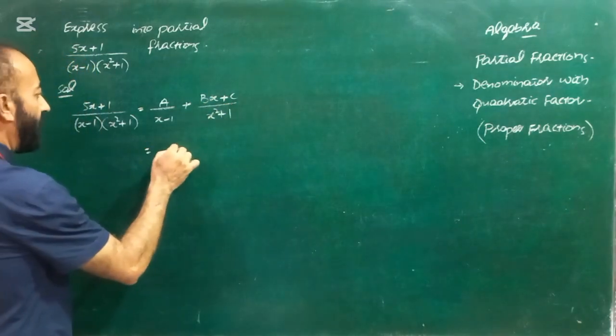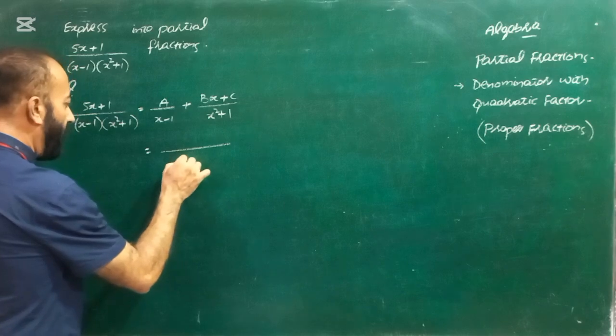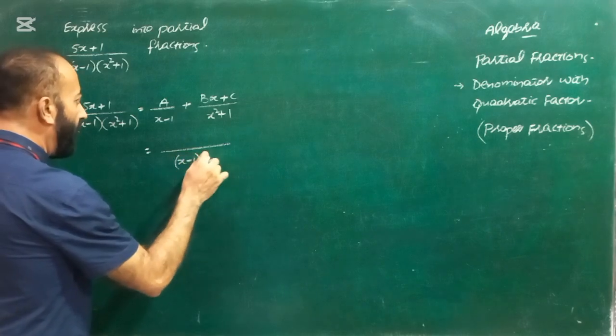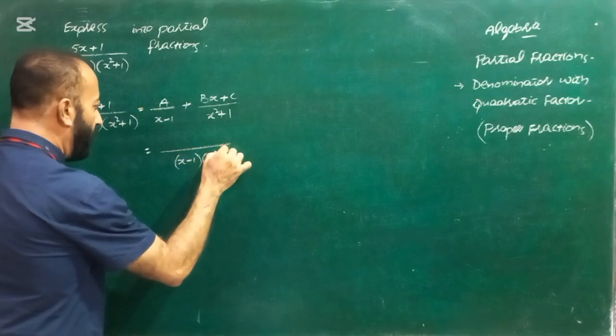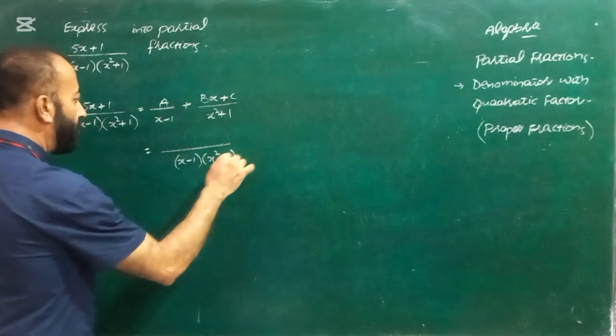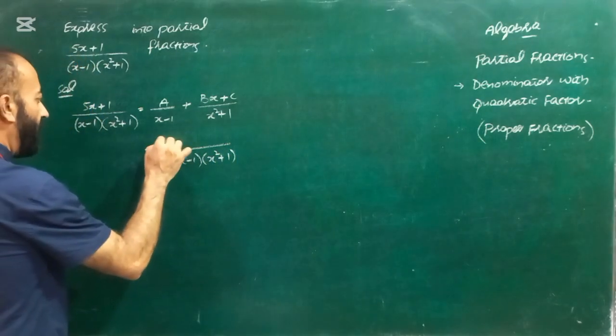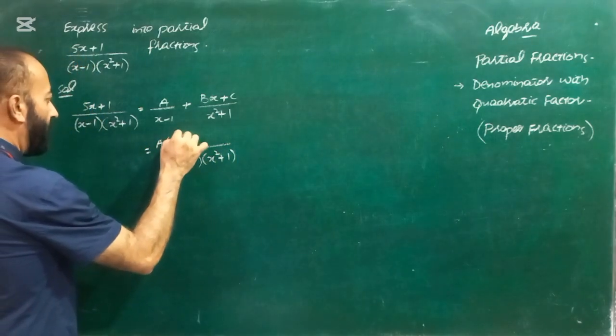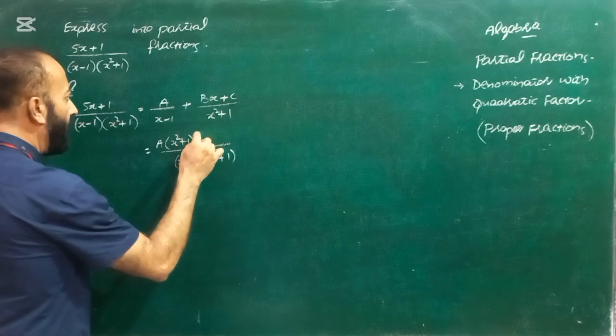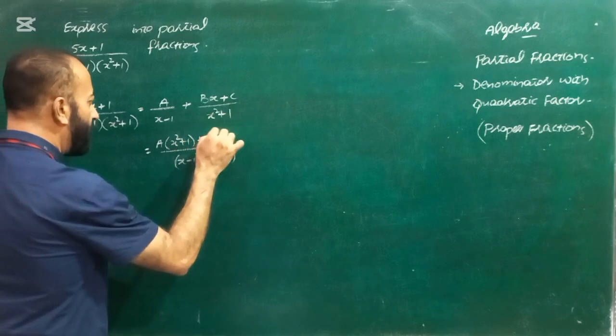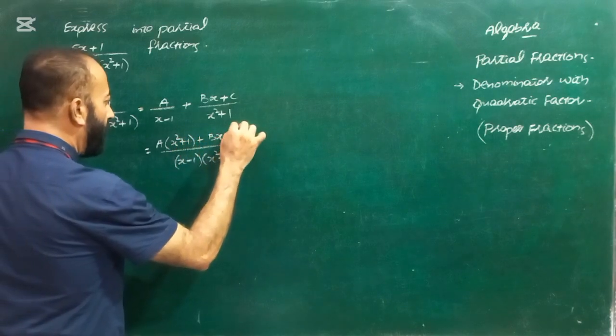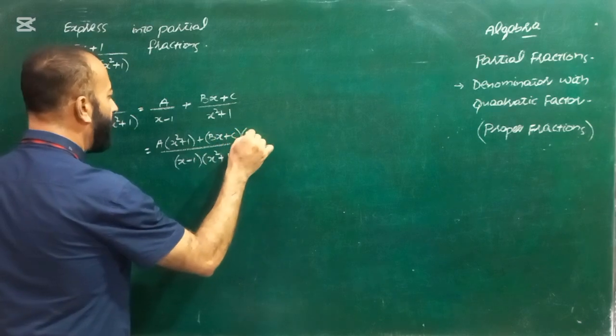At this step you will take the LCM. So x minus 1 into x square plus 1 will be the LCM. So numerator will become a into x square plus 1 plus bx plus c into x minus 1.